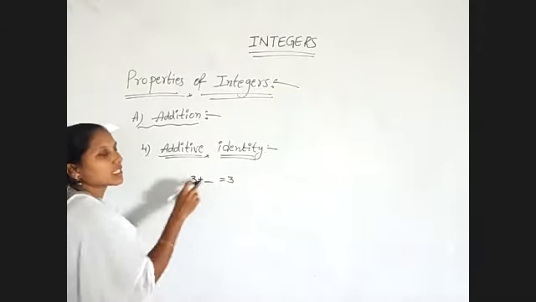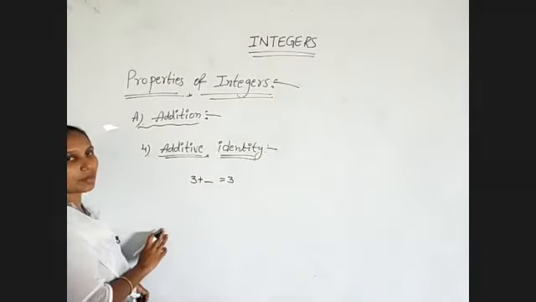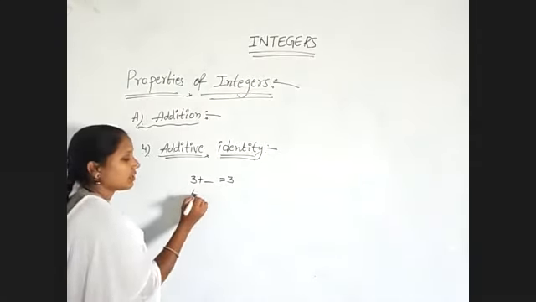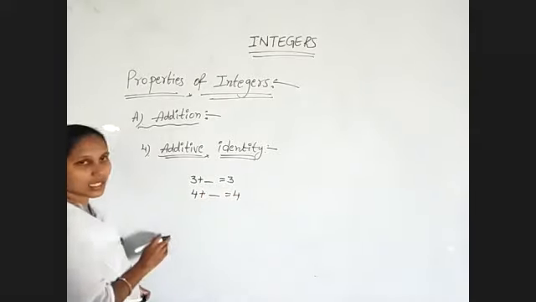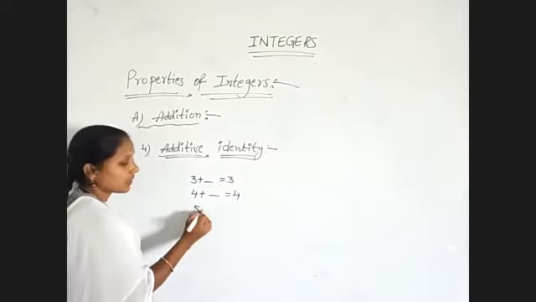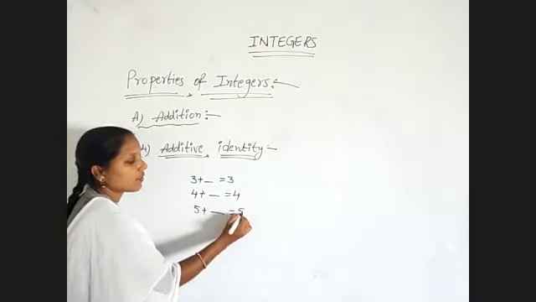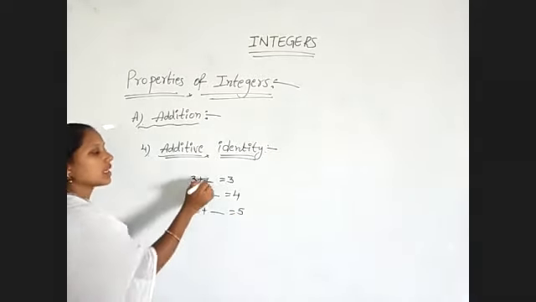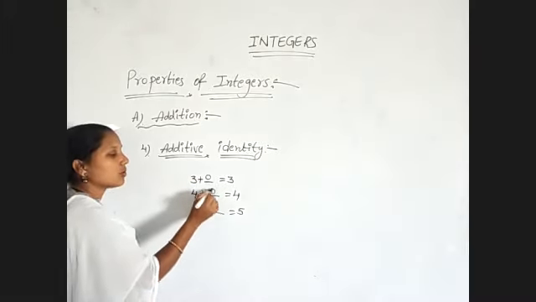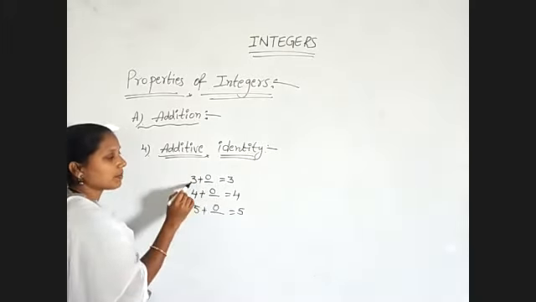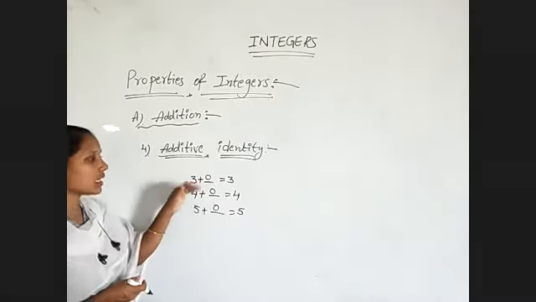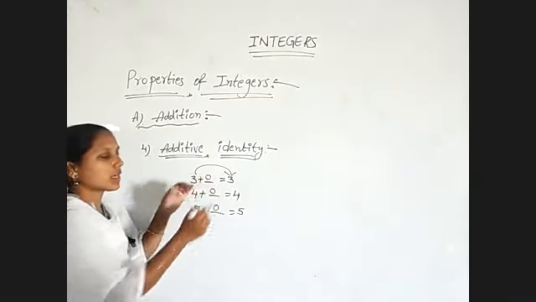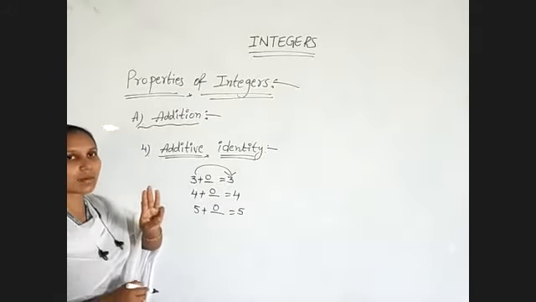By adding this number, we will get the same number. Suppose 4, by adding this number, I will get 4 only as the result. And for 5, by adding this number, I will get 5 only as the result. See, by adding 0 to any number, c plus 0. 0 is nothing but we are not adding anything, means that the answer will not change. Means whatever I have first, that much only I must get as the result.